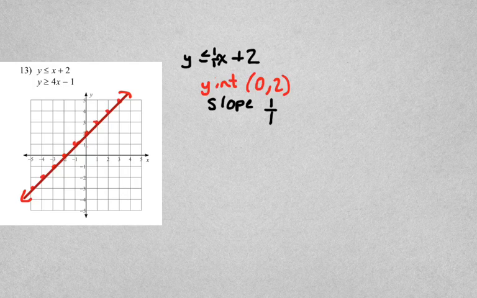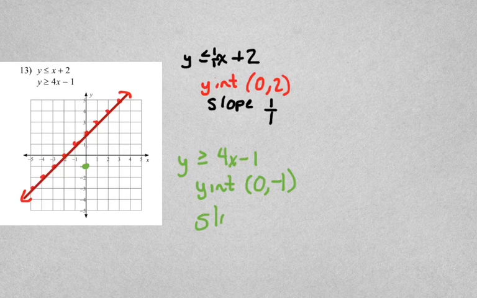Now I'm going to do the next one. Y is greater than or equal to 4x minus 1. My y-intercept is 0, -1. And then I am going to do my slope of 4 over 1.